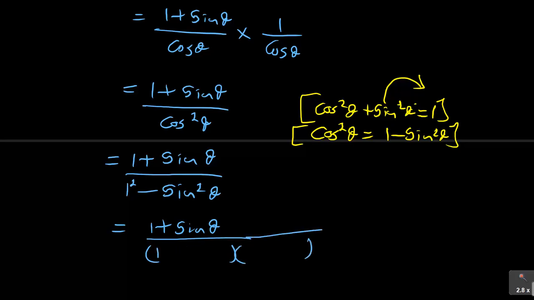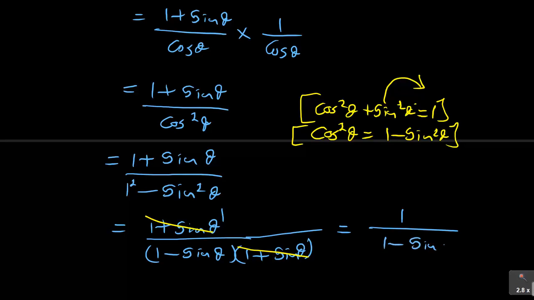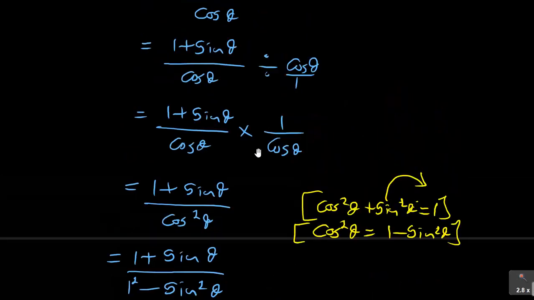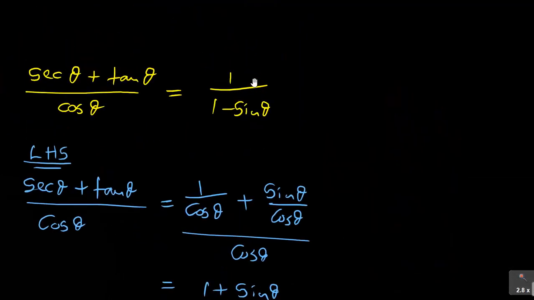The bottom one is 1 minus sin theta times 1 plus sin theta, and then when you do that, you are able to cancel the 1 plus sin theta, and this is equal to 1 over, because there is 1 on top, 1 minus sin theta. If you check now, it's 1 over 1 minus sin theta, which is what we are given as the proof.